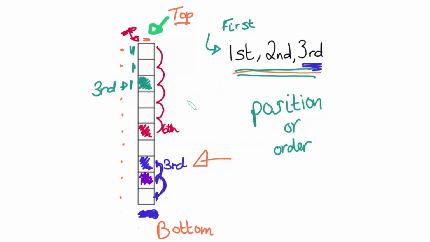When we're finding ordinal numbers on our grids, first we have to identify where the top or the bottom would be, where the first or the second would be, and then we simply count on first, second, third, fourth, fifth, and so on and so forth. So an ordinal number shows us the position or order of something.